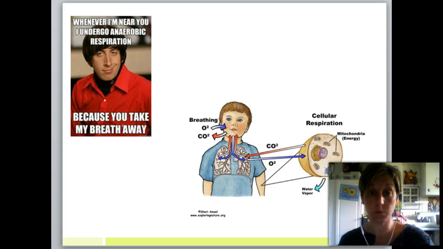Carbon dioxide is released. Water and the energy from the chemical reaction are then distributed through the body.